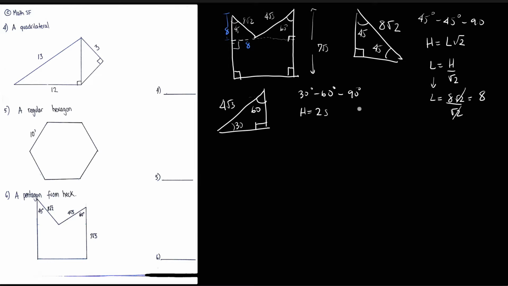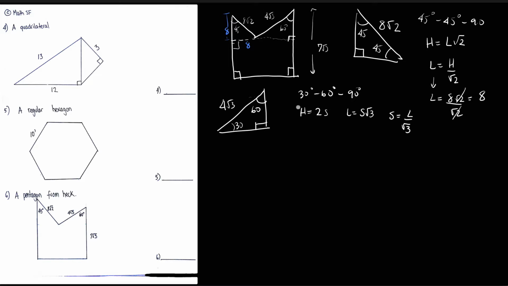And we also know that the long side is equal to s, the short side, times root 3. And from there you can change that, or you can say the short side is equal to the length over root 3.